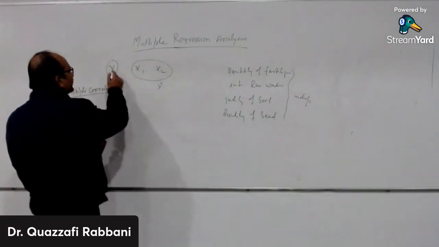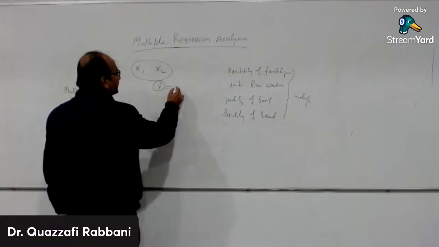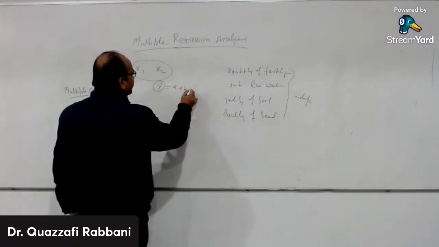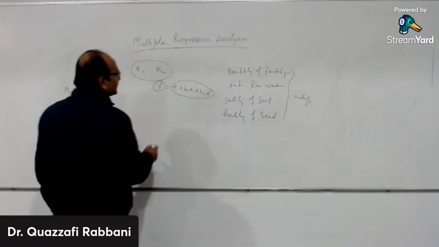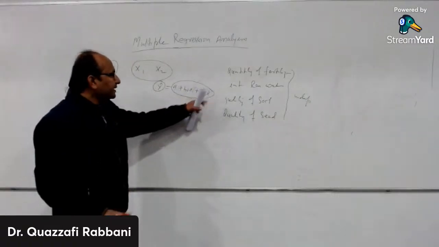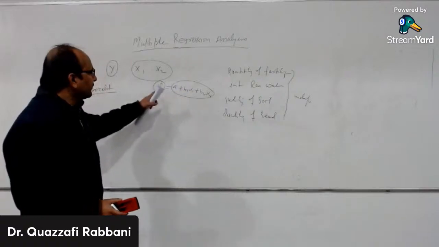So here this is the dependent variable, and this y estimated is like a1 plus b1x1 plus b2x2. So this is the linear combination of x1 and x2. So this is the estimated value of y.